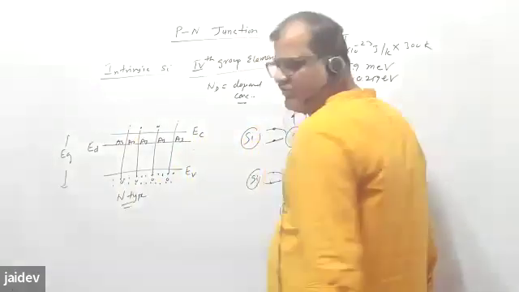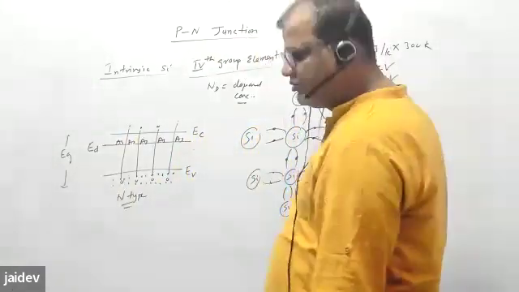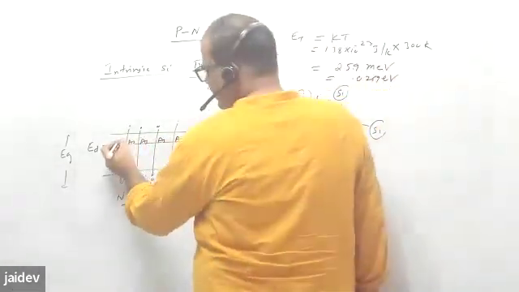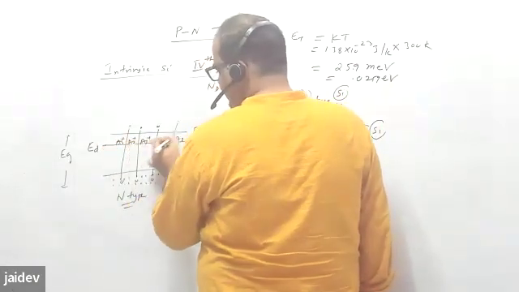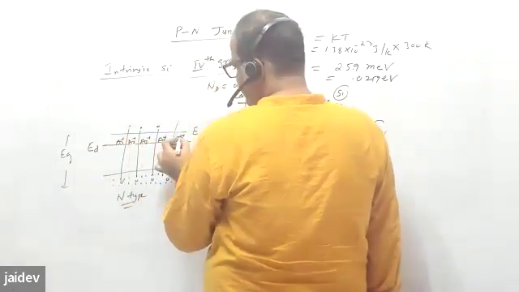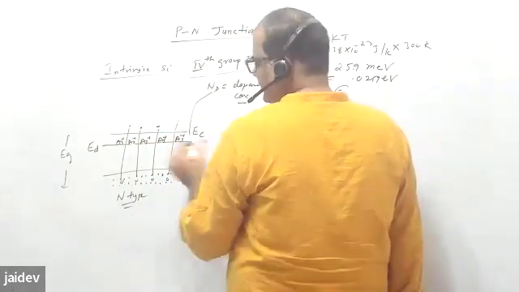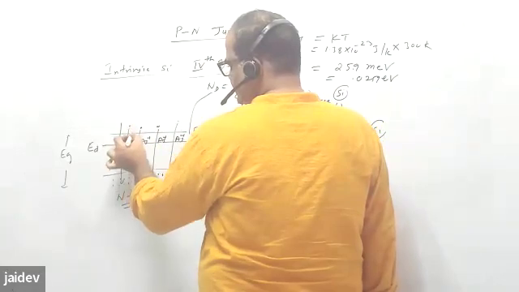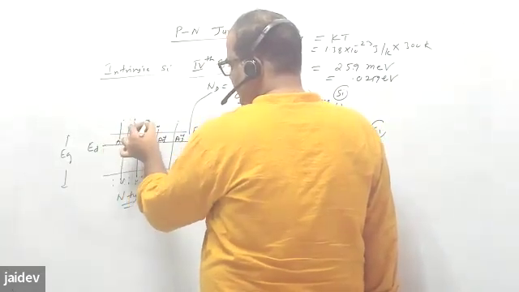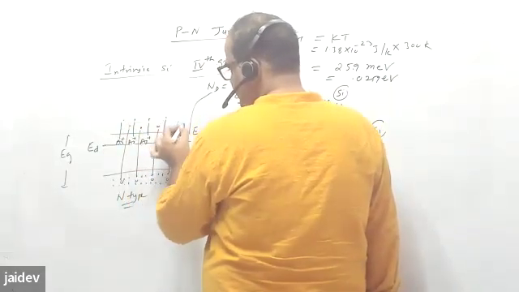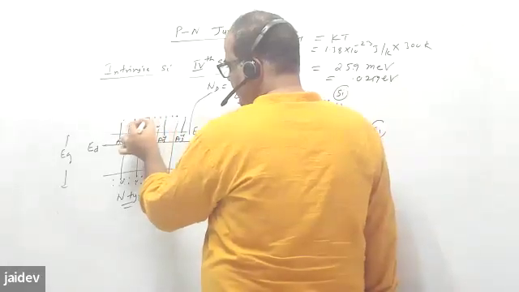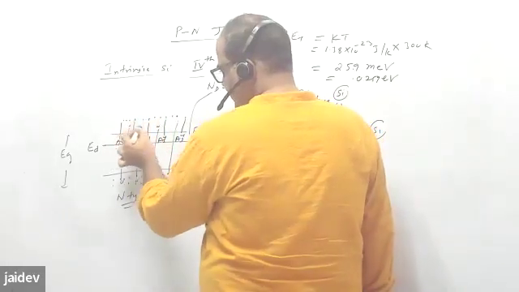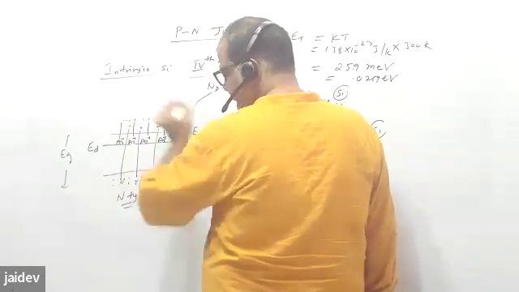The energy we are supplying to the semiconductor is sufficient to ionize all these atoms. The concentration of these atoms is Nd, and when ionized, their electrons will reach here. These electron numbers are very high compared to the electrons coming from the valence band.